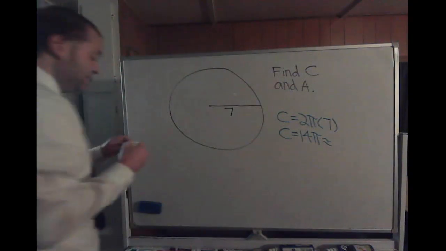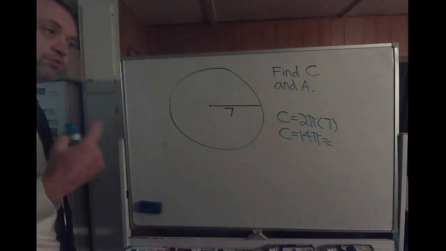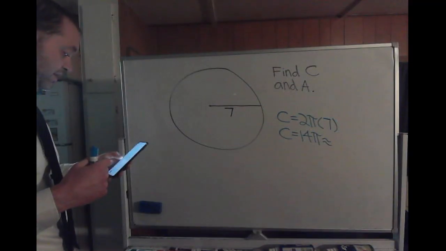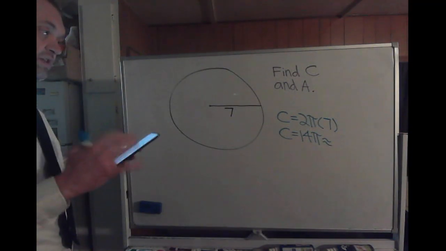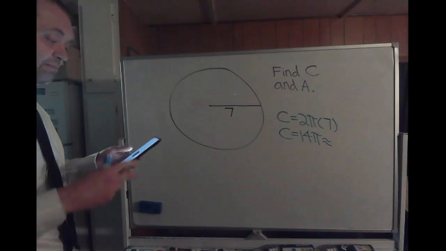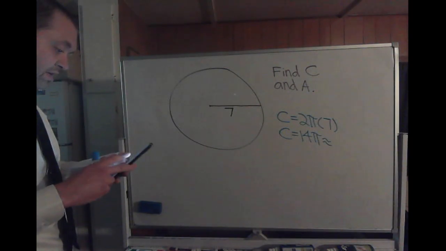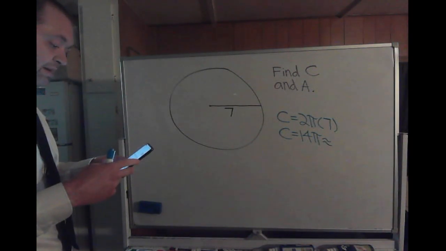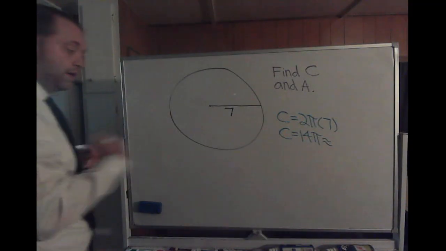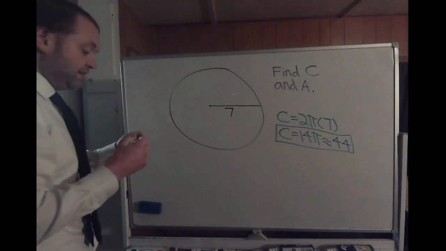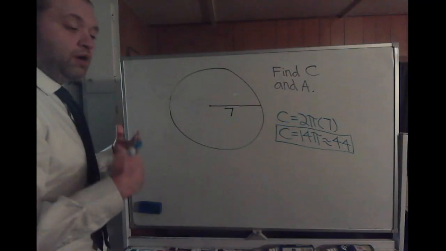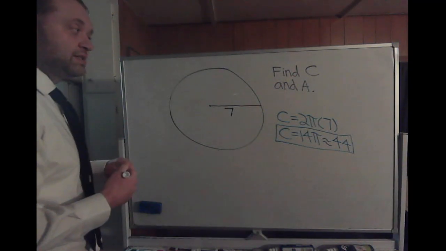But if we want to get a decimal approximation to 1 decimal place, we're going to multiply in the calculator. Now, for those of you that don't remember, pi is approximately equal to 3.14. So if you take 14, multiply it by that, you'll get about 44. So the circumference of this circle is exactly 14 pi units, or approximately 44 units.